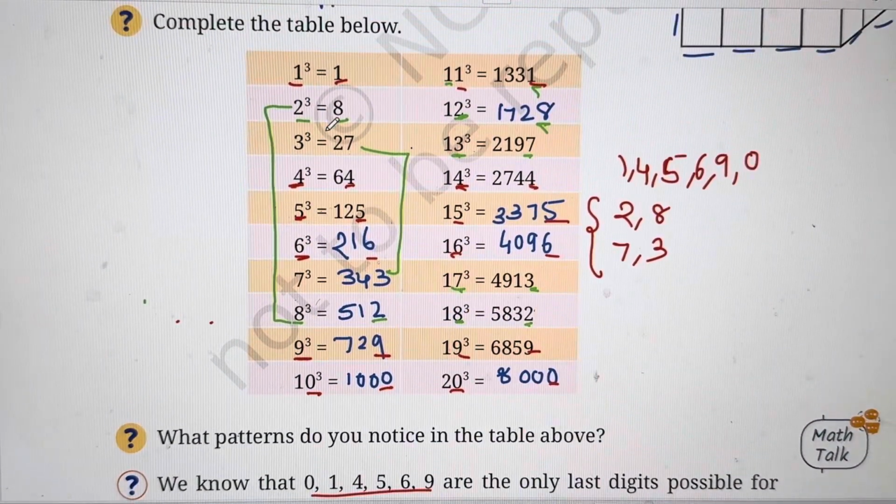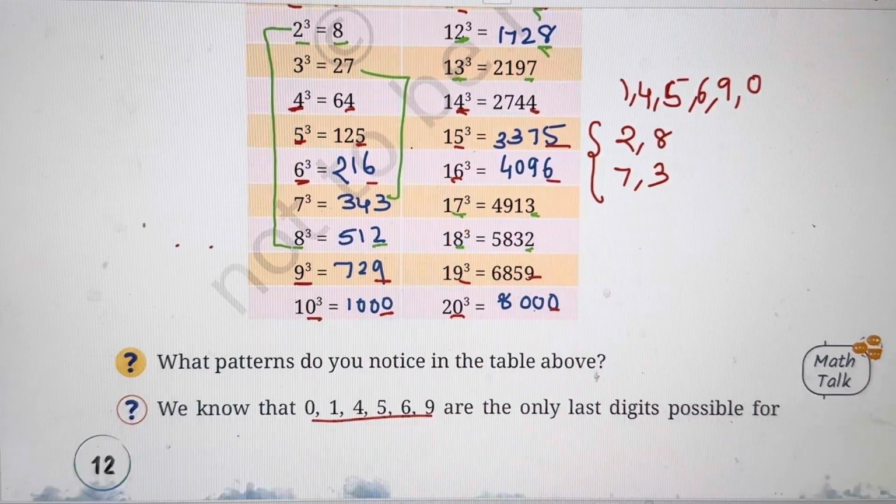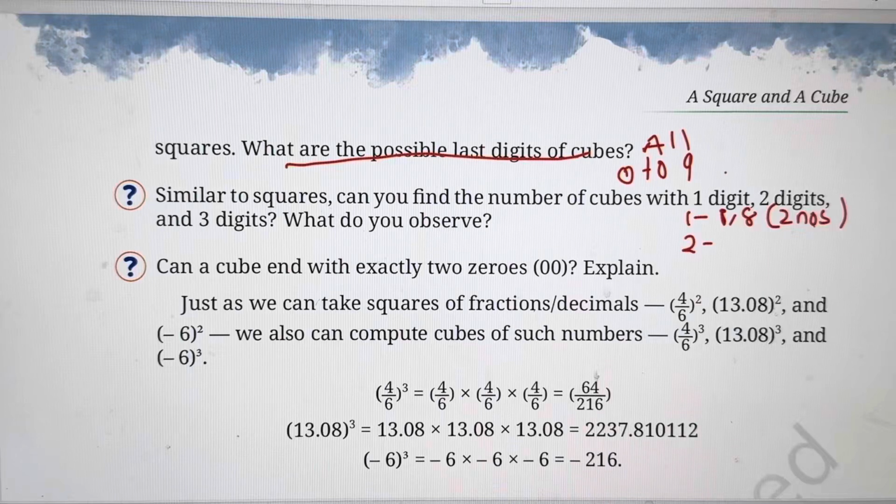For 1 digit, 1 and 2. For 2 digits, again 2. For 3 digits, 1, 2, 3, 4, 5. So for 2 digits it is again 2 numbers, and for 3 digits there are 5 cubic numbers which have 3 digits.